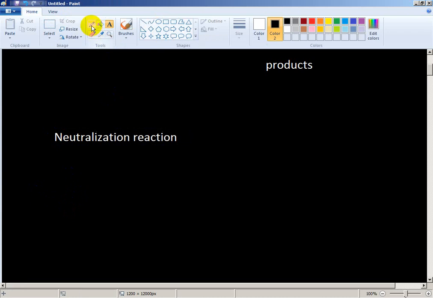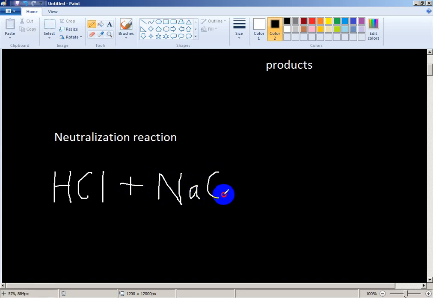The reactants are acid and base, like sodium hydroxide, a base, forming salt and water, the salt being sodium chloride, and water.